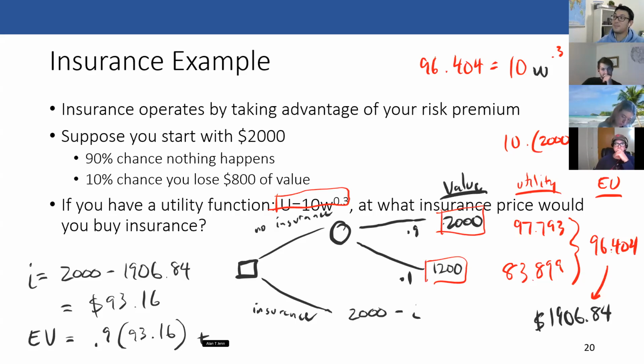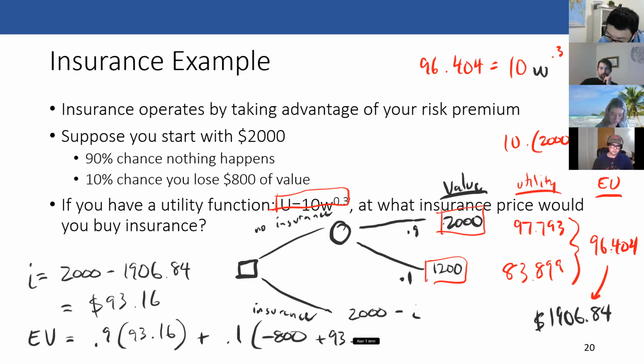But then 10% of the time, I have to pay out the extra value that's lost in this accident, right? And so 0.1 times negative 800, but I still do make my $93 still. Okay, and so as long as this number is positive, then I, as the insurance company, will want to offer this protection because I will be making money at the end of the day.